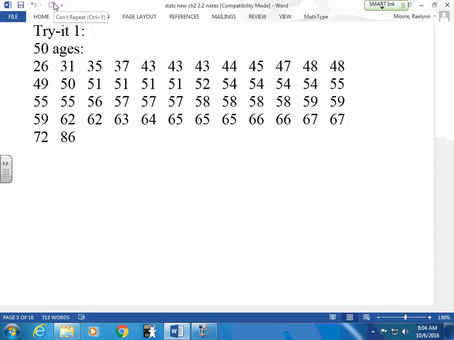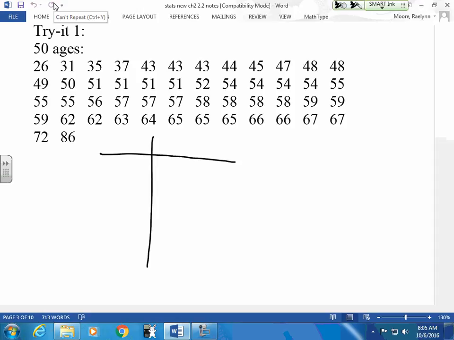Yes, that's 2.1 notes. Luckily, I did. That's just working hard. Oh, got it. Okay. All right, so stem and leaf, guys.